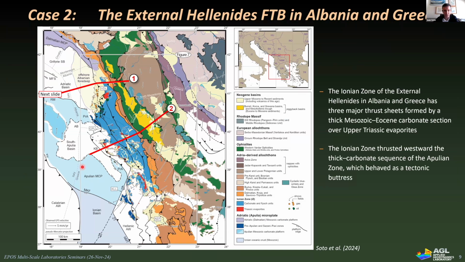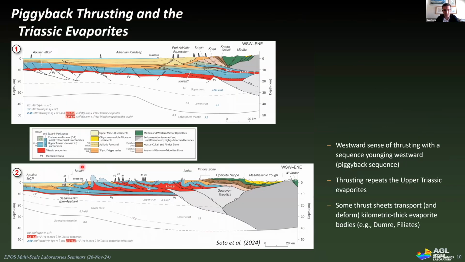The internal structure of the Hellenides also shows how important the upper Triassic evaporites are. And again, like in the Betics, the well data is documenting that in the subsurface we have halite and other evaporite minerals, because at the surface we only see brecciated rocks and gypsum.